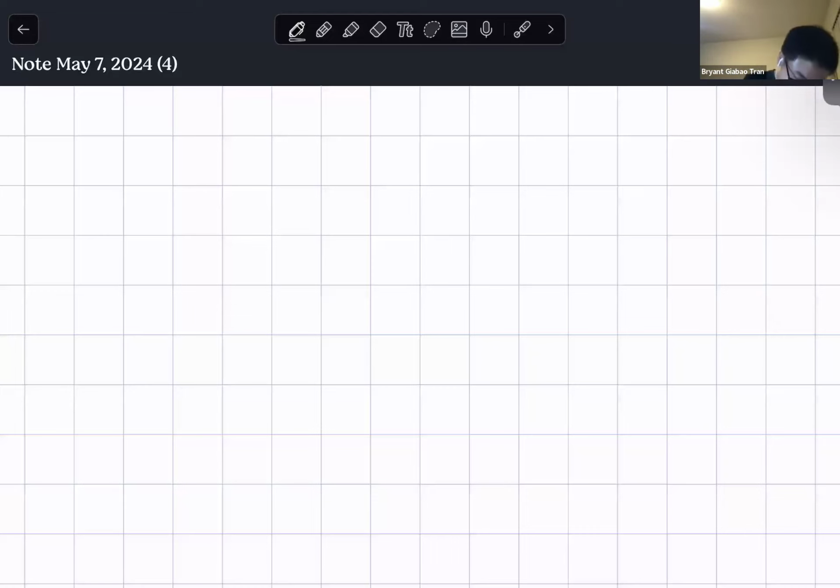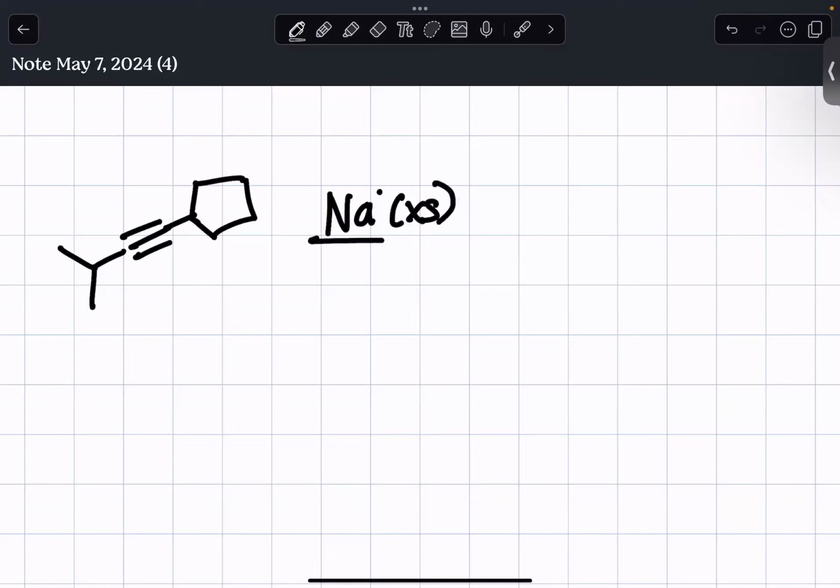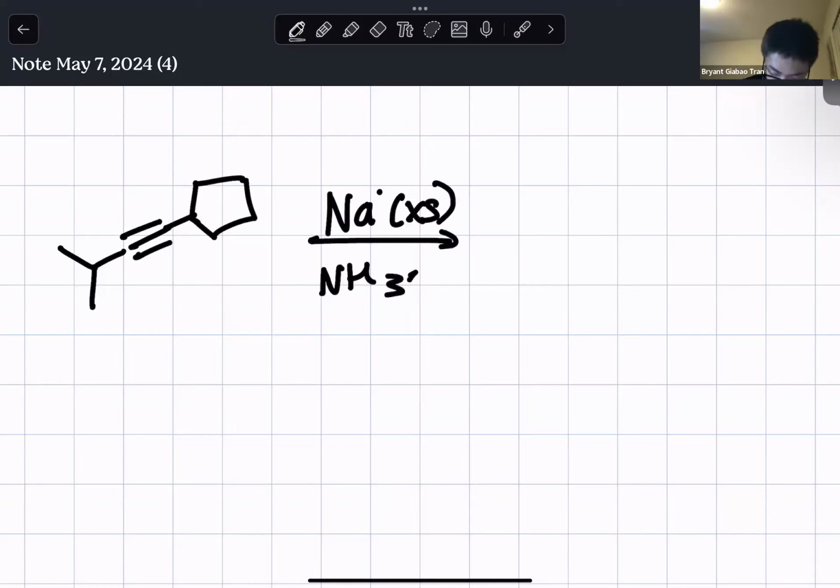I just got confused with what the mechanism was because on the notes it went from Br2 to the alkyne, NH3 liquid.